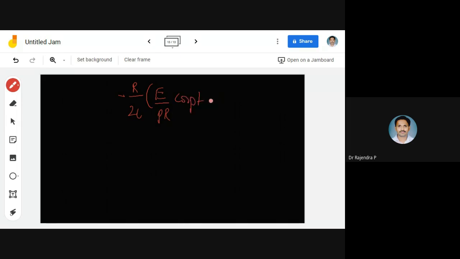Simply I substituted those values in this. Please remember, C1 and C2 I substituted and I am just copying the things. 2LP square sin pt, and of course one more term is there. What is the term? Last term, plus E by R sin pt. So these things we substituted in equation 2.